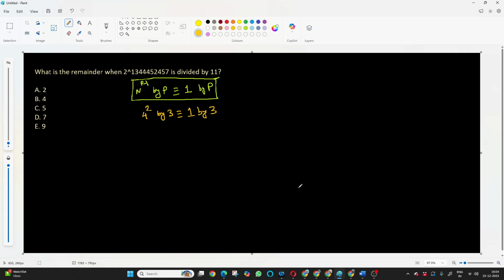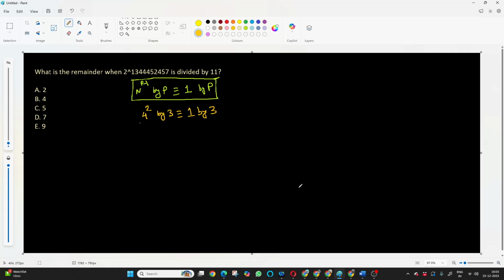And we can validate that easily. 4 square is 16. 16 divided by 3, the remainder will be 1. All right, now the same can be extrapolated to bigger values of p and bigger values of n to the power p minus 1, and the same will hold.